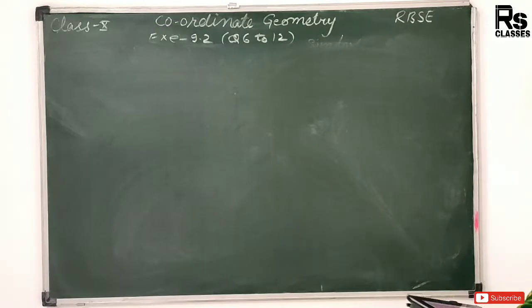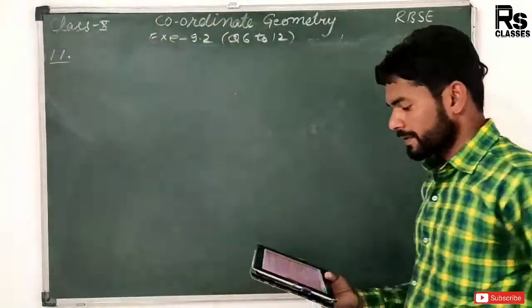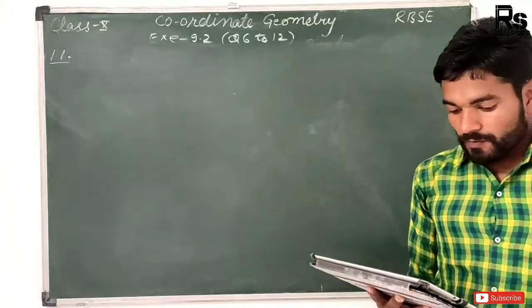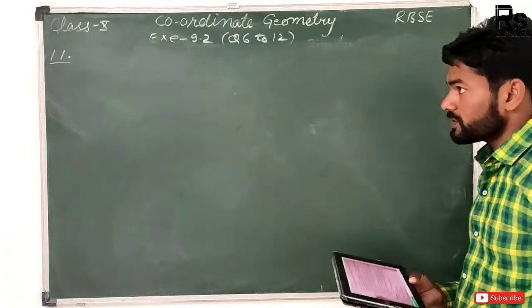Now the question number 11. Find the ratio in which the line 3x plus y is equal to 9 divides the line segment which joins the points A (1, 3) and B (2, 7).